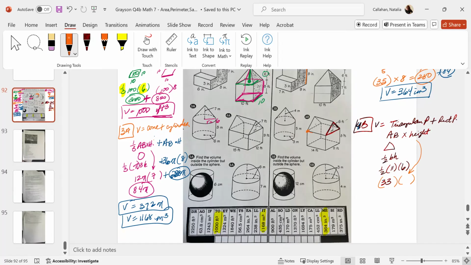Times the height. What is the height? Be careful, the height is going to be a little bit different. You have to think about this triangle on its sides. So what's the height that we have not used? It's 14.